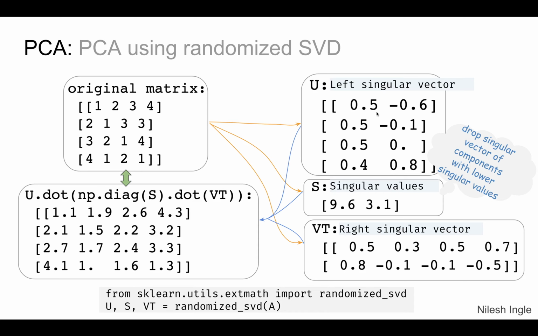And if we combine U, S, and V transpose again, as shown here, we get back a matrix that looks like the original, that is closer to the original matrix. So the takeaway message from this slide is that in this method, if the singular values are lower, then those corresponding singular vectors are dropped.